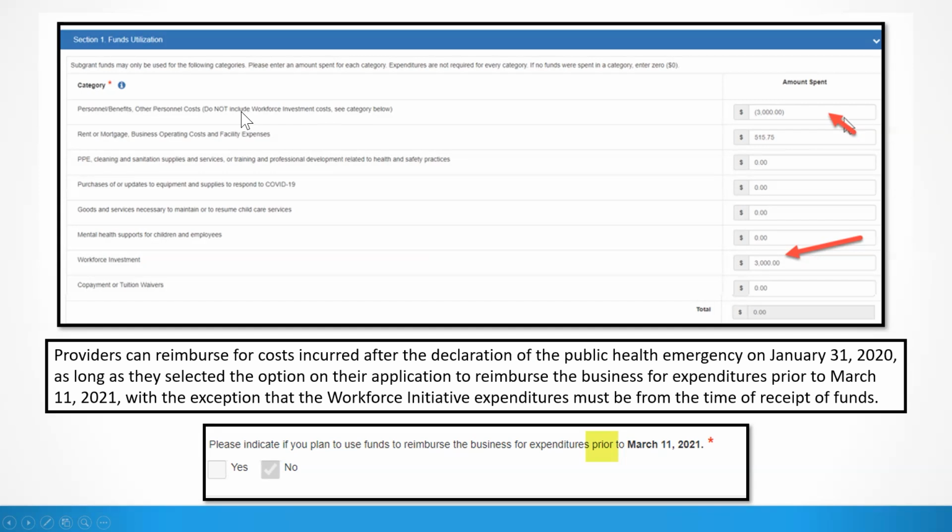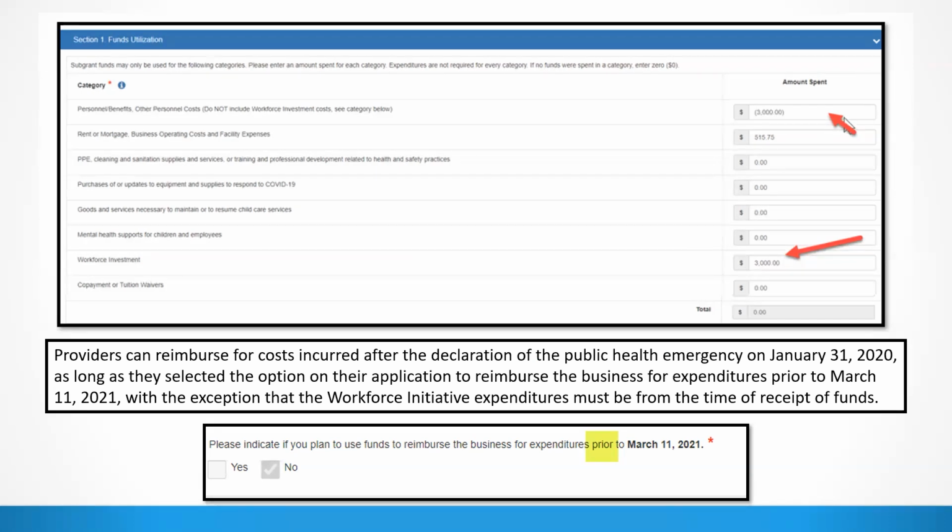I gave my teachers bonuses, and I'm going to put a positive under my workforce investment. So now I'm balancing out the $3,000. I'm removing it from personnel and benefits and I'm adding it to the workforce investments. This will balance out and will give me the total of 0. So I don't owe anything, or I don't report higher than what was given to me.